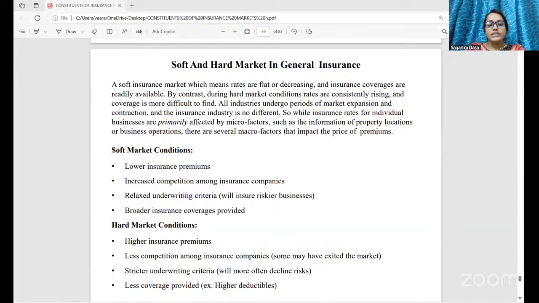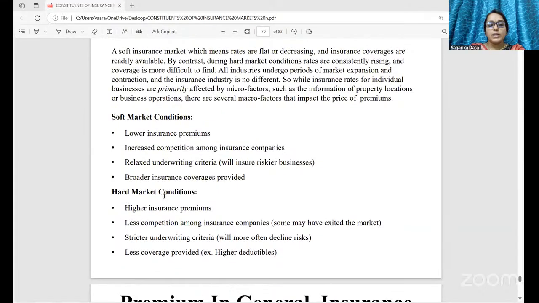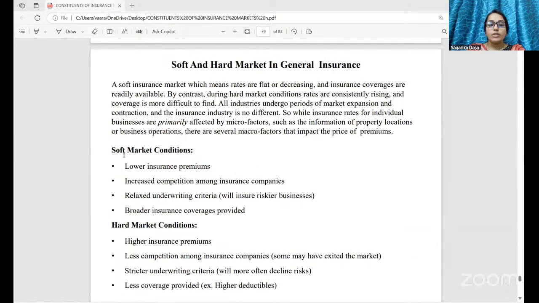Now, when we look at soft market conditions and hard market conditions, in a soft market the insurance premium will be less. Increased competition among the insurance companies will be there. Relaxed underwriting criteria and broader insurance coverage will be provided. Whereas in hard market conditions, the insurance premium is higher, quite opposite to the soft market. Here it will be lower premium, here it will be high premium.